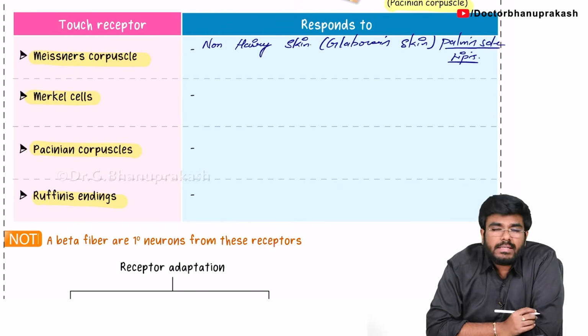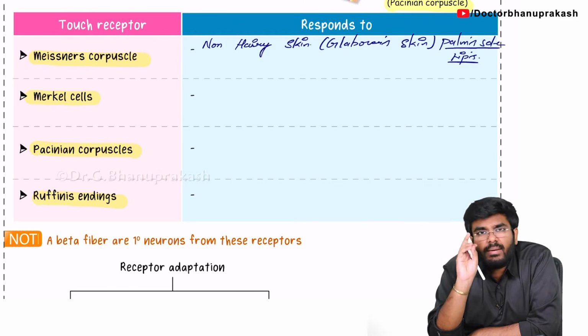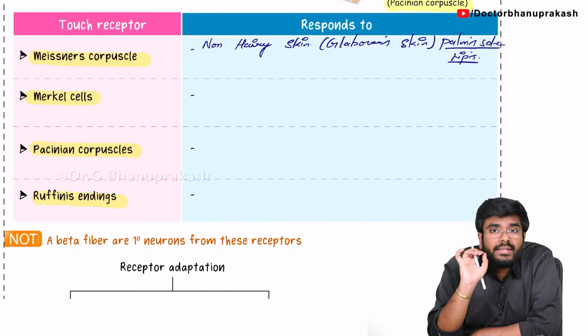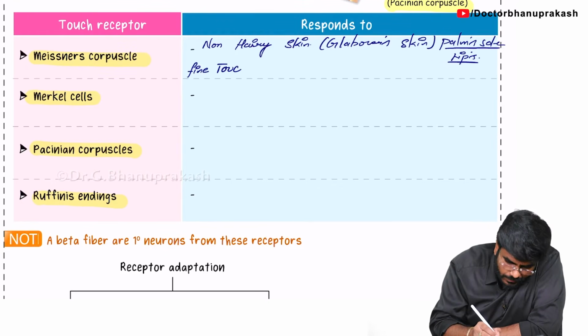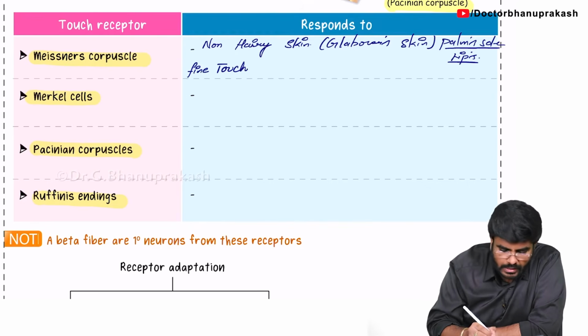And what do they detect? See, these Meissner's corpuscles in my skin, what are they detecting? They are detecting fine touch and low frequency vibrations.